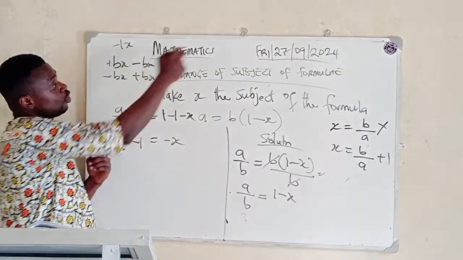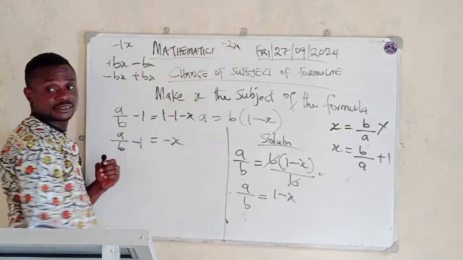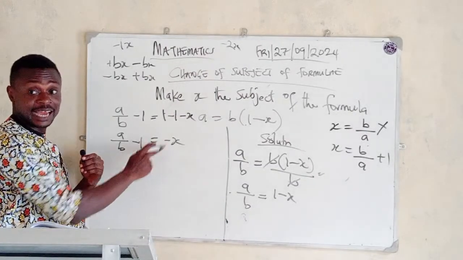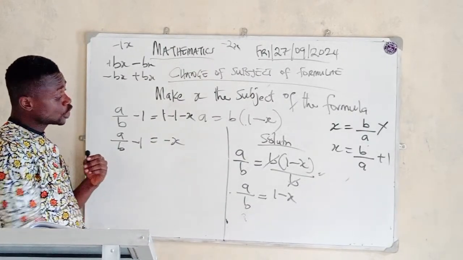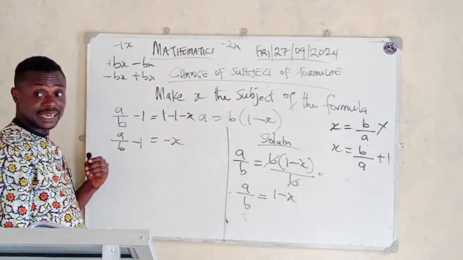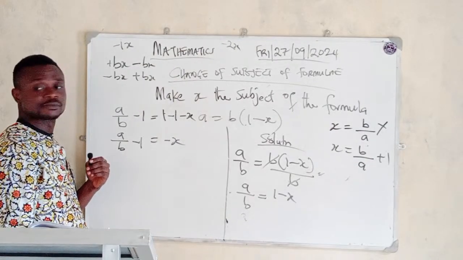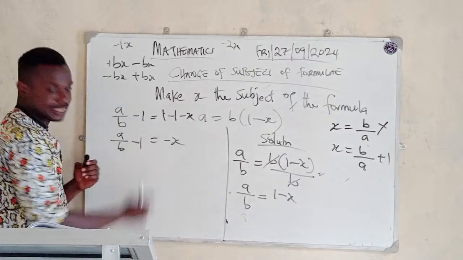If it is 2, you have minus 2x. But this one, there's no number here, so it is minus 1x.